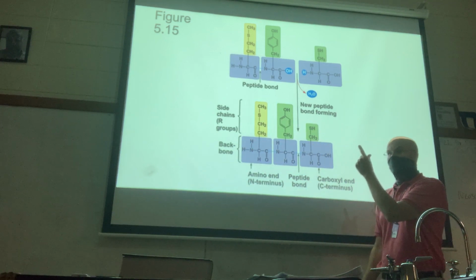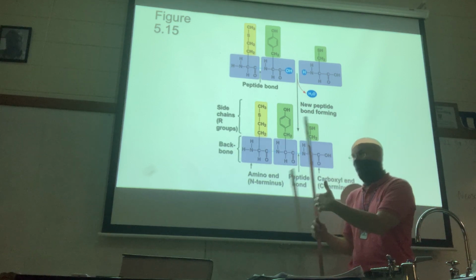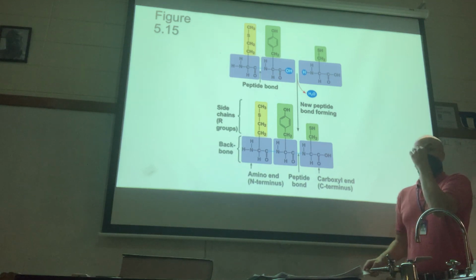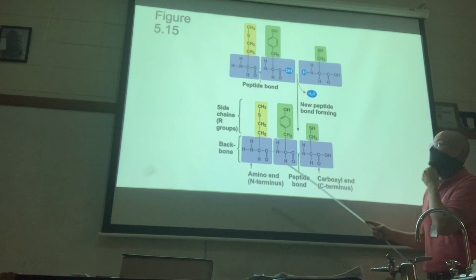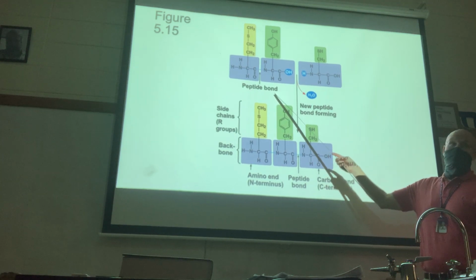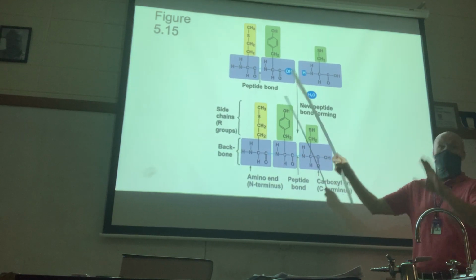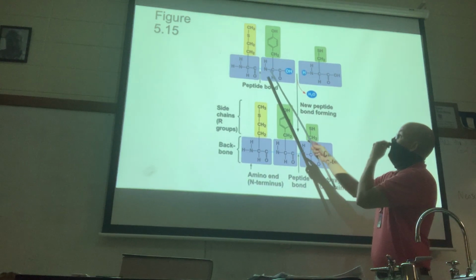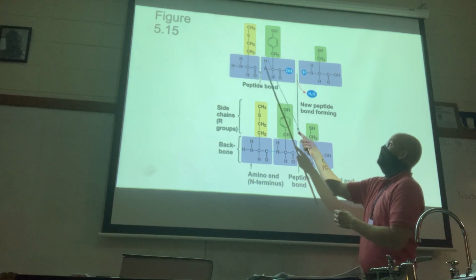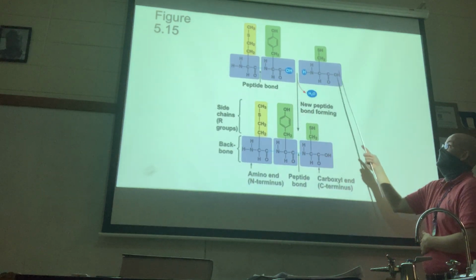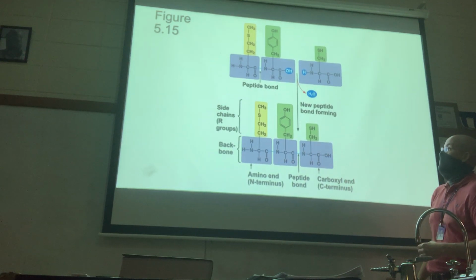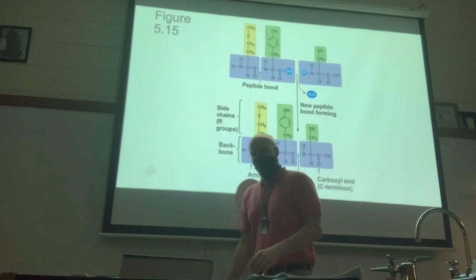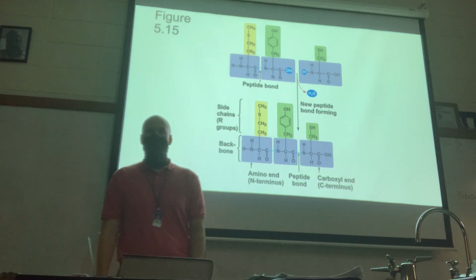And when we have this covalent bond holding the fat molecule components together, we called it an ester linkage. Here, and I do want you to know this term, peptide bond is the name we give for the covalent bond. It's a covalent bond like any other, but it's the covalent bond that holds the two amino acids together in the chain of amino acids you're building. Be familiar with this term, peptide bond. You see it from time to time.